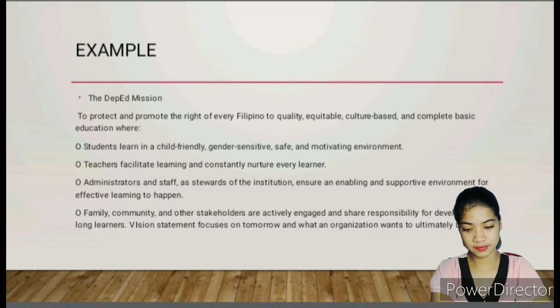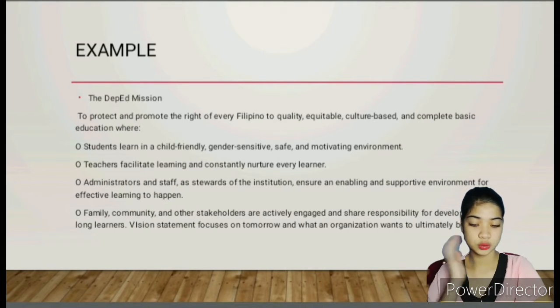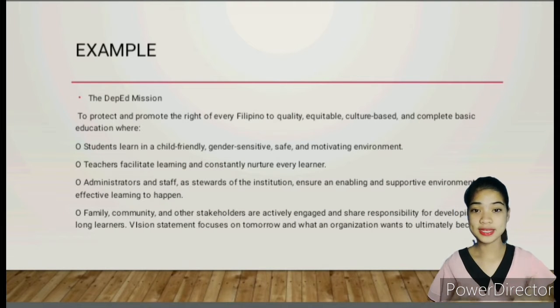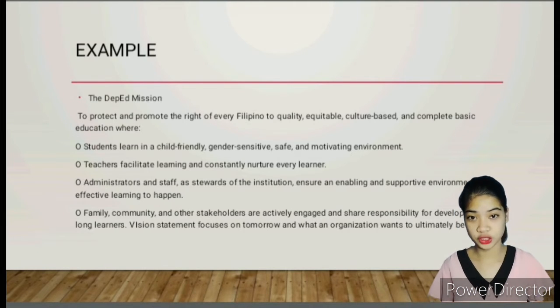Followed by the vision, the institutional vision. An institutional vision is a statement that focuses on tomorrow and what the organization wants to ultimately become. So for example, the CMU vision: A leading ASEAN university actively committed to the total development of people for a globally sustainable environment and a humane society.